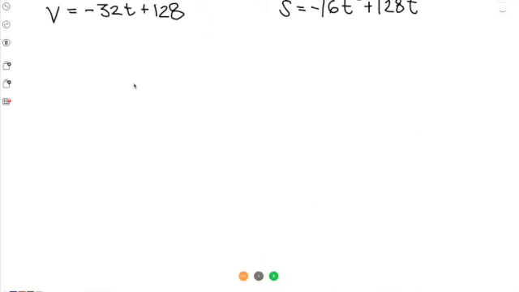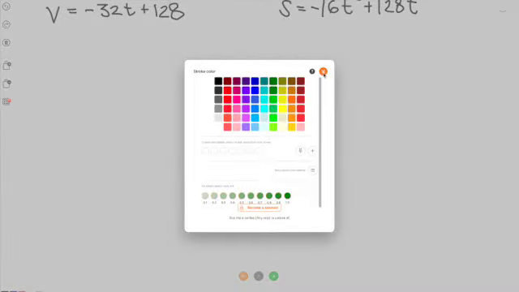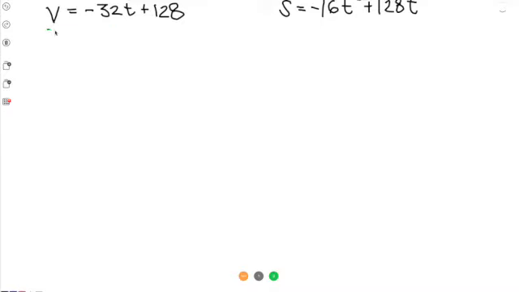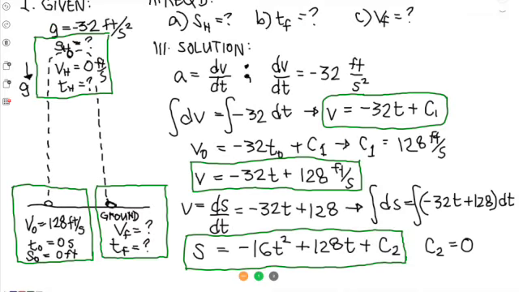Now let's go here. We have these two equations. The first unknown for us would be A. What is the distance at the highest point?